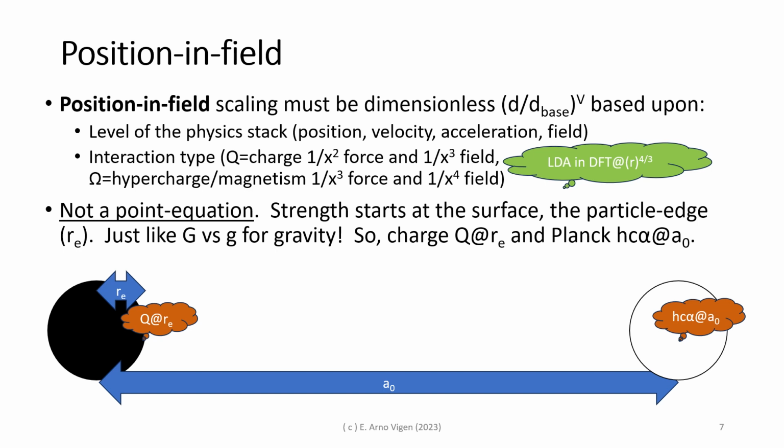But there really are two positions that are important. The first one is obviously that full strength, so that would be, say, charge at R sub E. But in reality, the other one, for the simplest one-to-one, is at the Bohr radius, where naturally one proton and one electron come to balance.